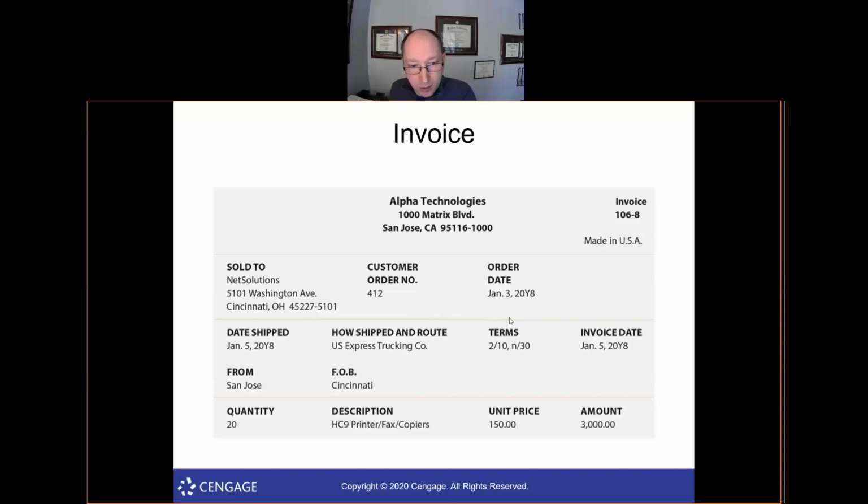Terms. This one says 2/10, n/30. Here's what it means. If I pay this bill within the first 2 days of receiving that bill, I'll receive a 10% discount.